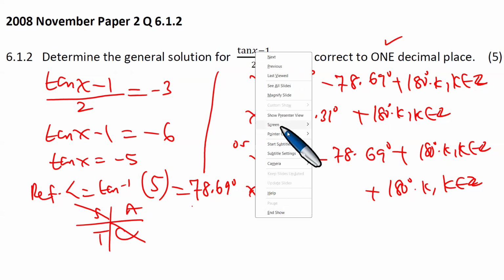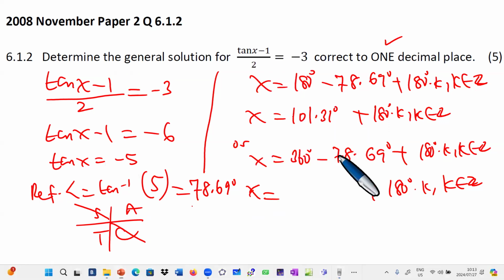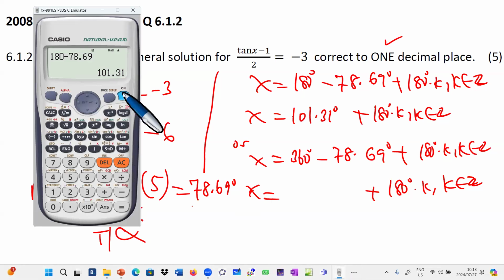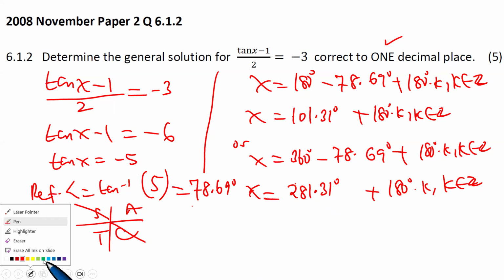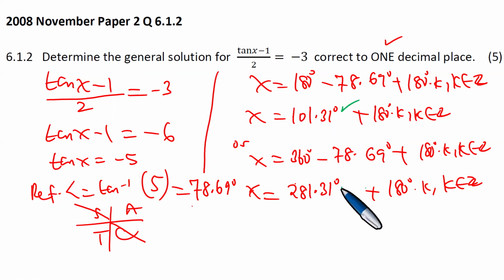And let's do the other one, 360 minus 78.69 degrees, which is 281.31 degrees. Because 360 minus 78.69 is 281.31. So that gives us those two answers.